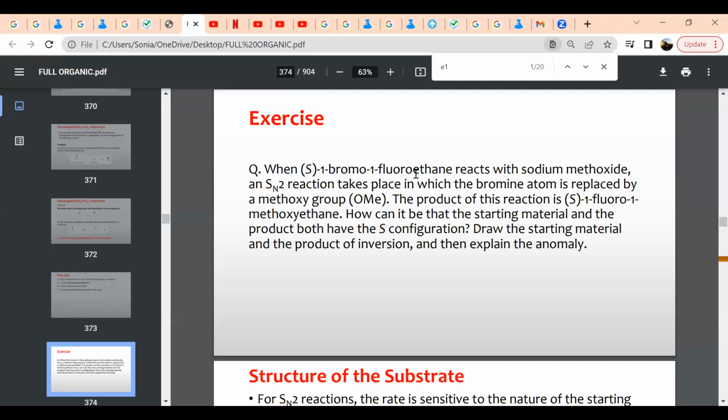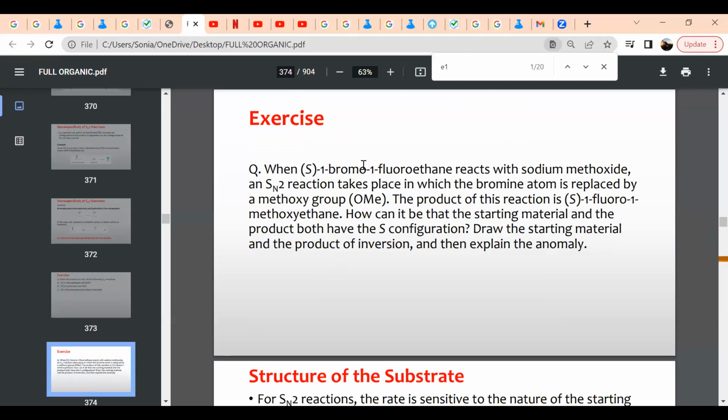Okay, this is an exercise that is part of this SN2. It's a little bit of a longish question. I will not say that I drew the material and the product of inversion, but they are saying in this question, let's just read.